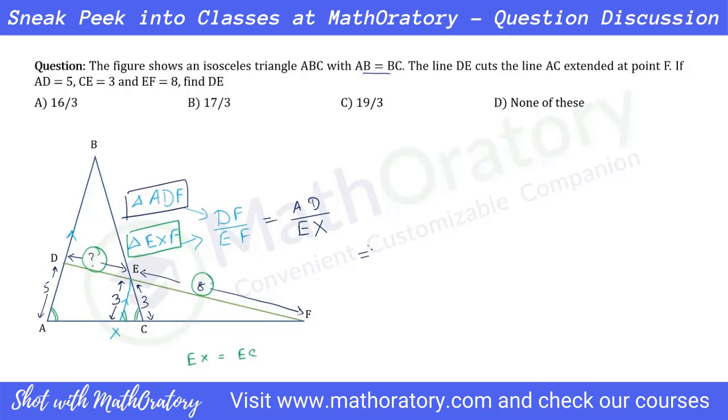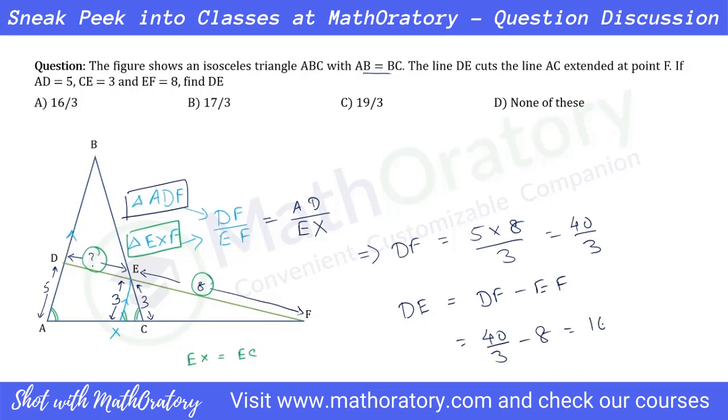So just cross multiply, we'll get DF as 5 into 8 upon 3, so that is 40 by 3. Now we are looking for ED, not the entire DF, so DE will be nothing but DF minus EF, that is 40 by 3 minus 8, which comes out to be 16 by 3. So option A should be the answer here.